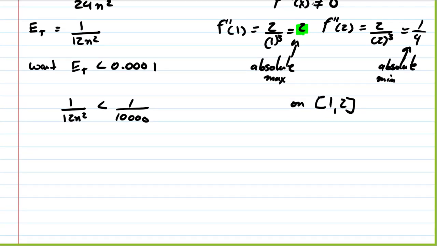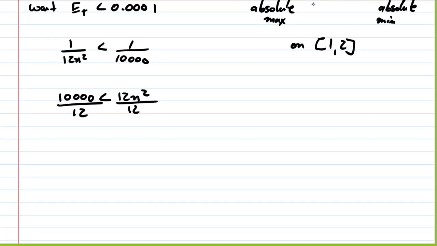So if we multiply by our LCD, we're going to end up with 1,000 is less than 12n squared. Divide by 12, divide by 12. So 1,000 over 12, and we take the square root, is less than n.